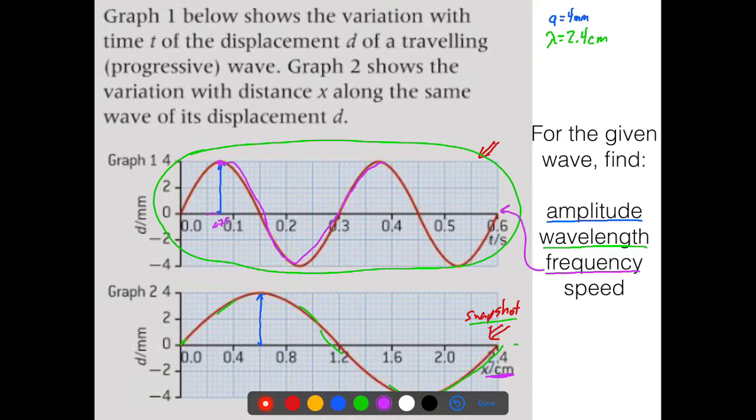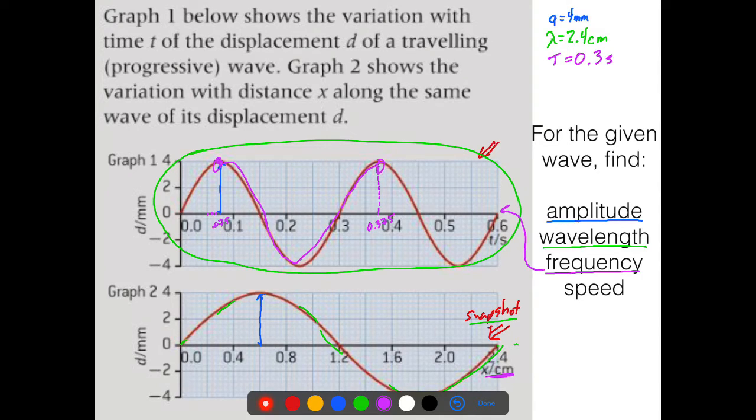And then it gets back here again, right here, which looks like about 0.375. And so when I subtract those to get the total amount of time that it took to do it, then I get a time or a period of 0.3 seconds, right? You can do that with any point on the graph.